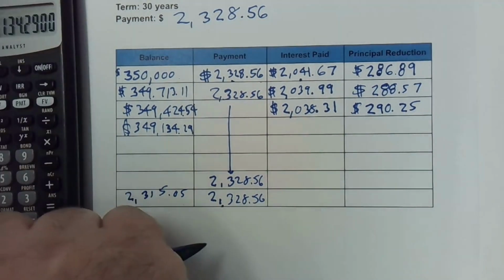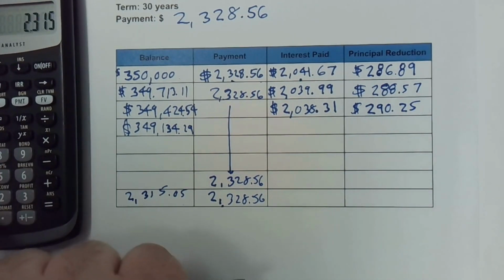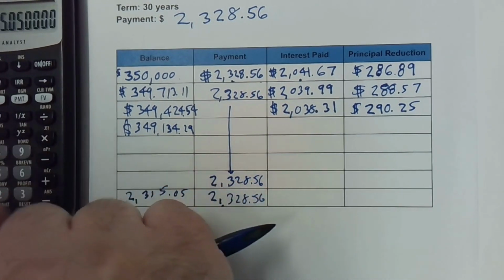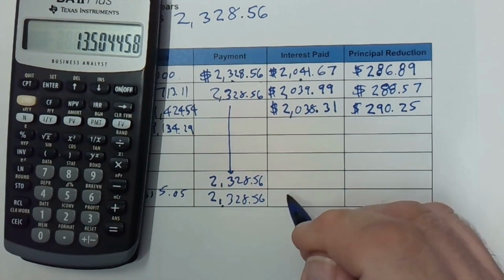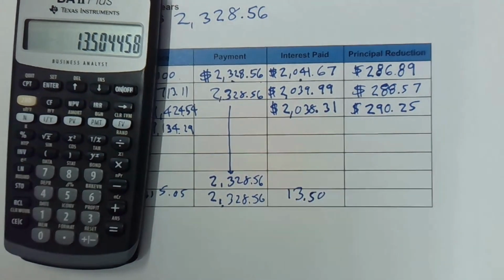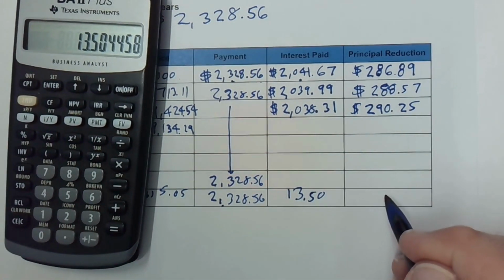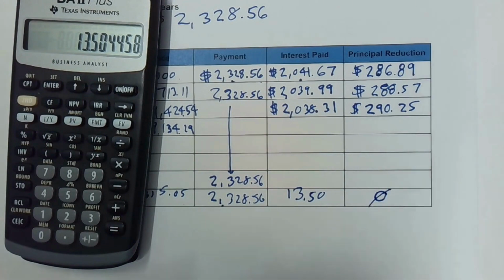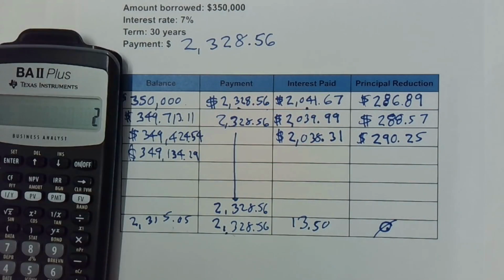If we have a balance of $2,315.05, we've got to multiply it by 0.07 divided by 12, gives us interest of $13.50, and that means the remainder pays off the principal, which zeroes it out.